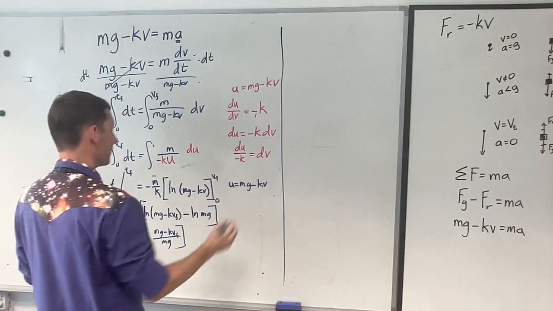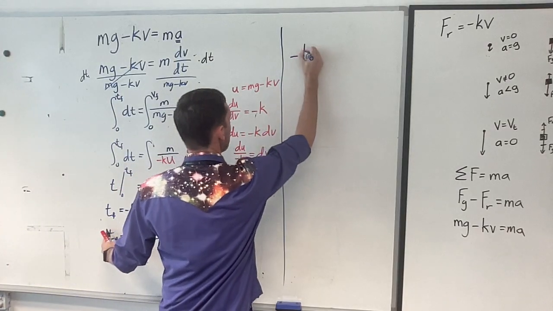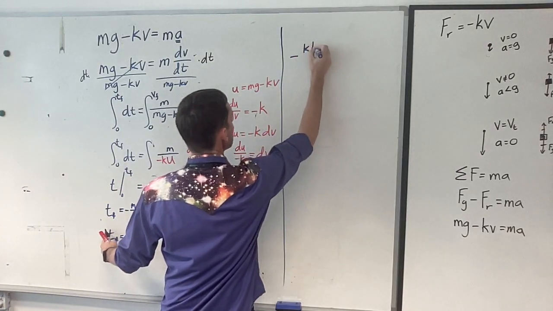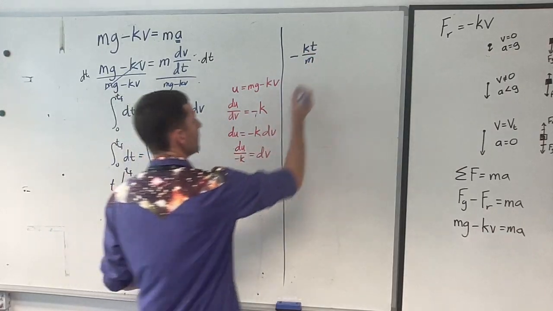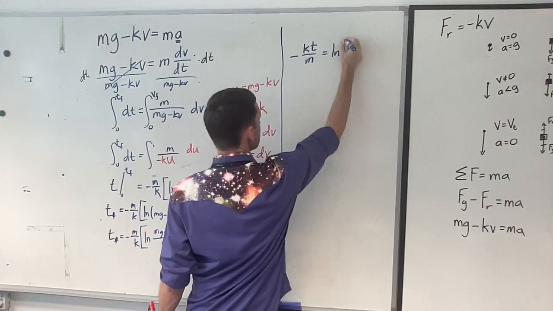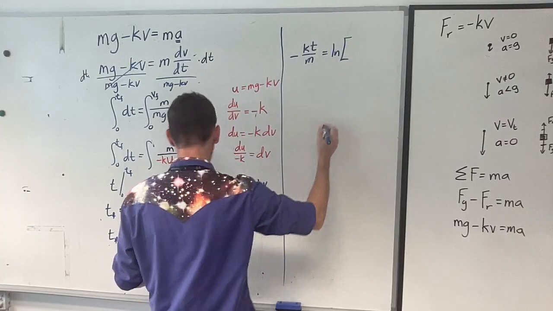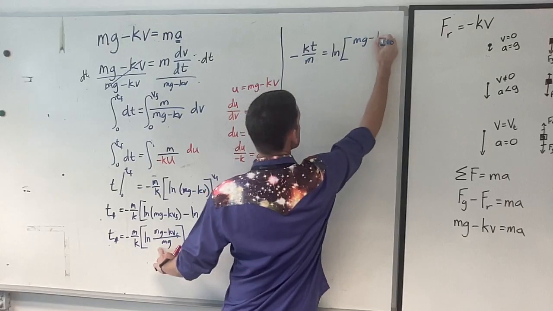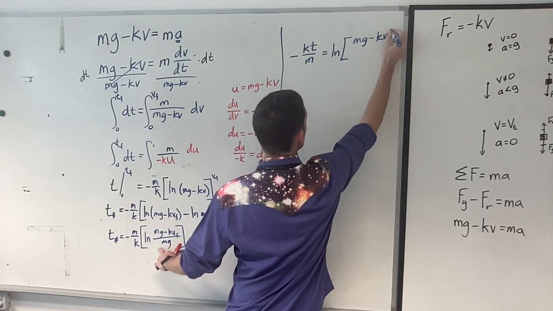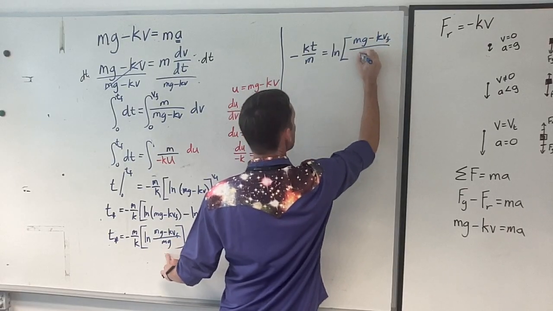So I'm going to have negative k t over m equals natural log of mg minus k vf over mg.